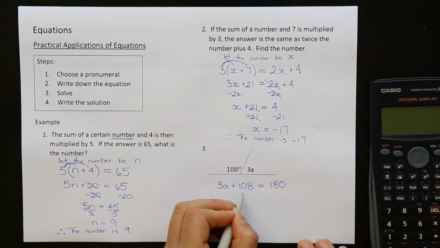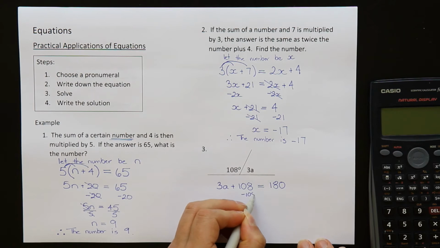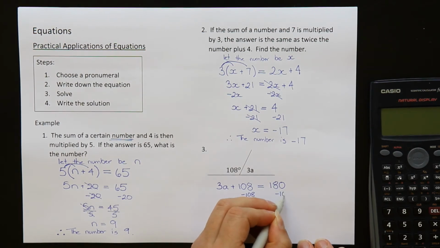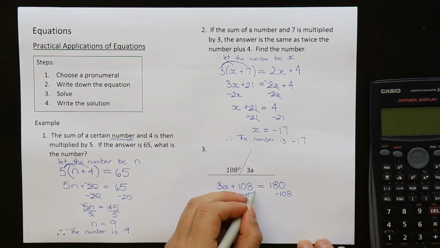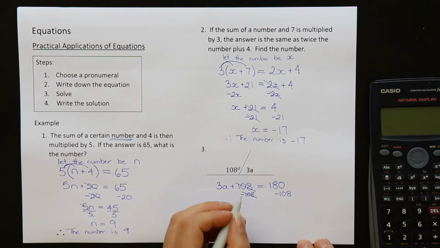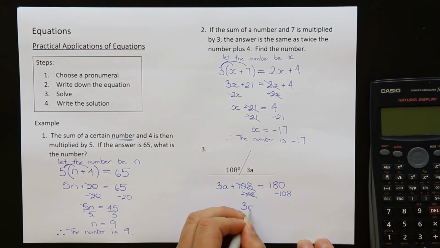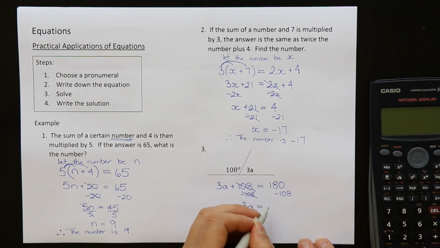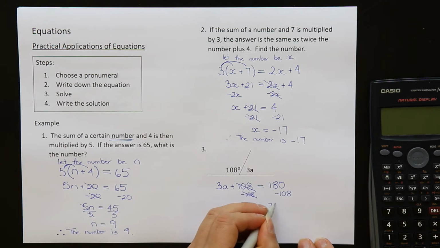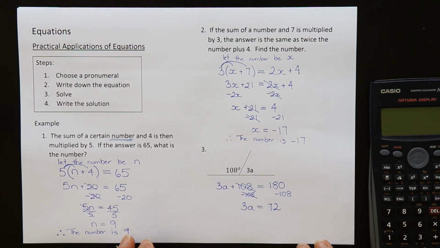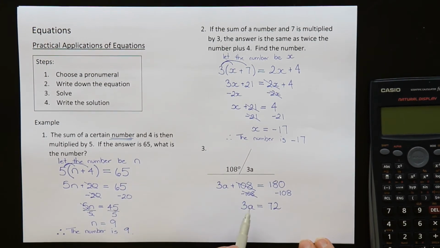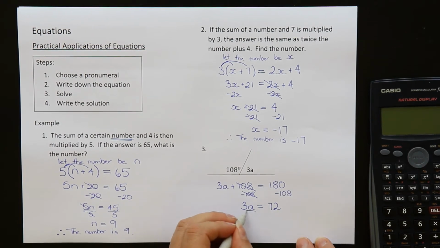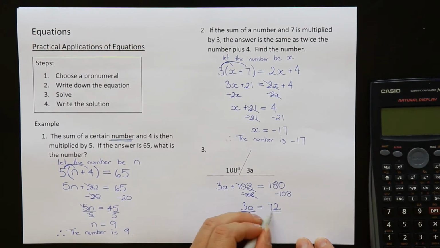So I'll need to subtract 108, to move that. 3a equals 180 minus 108 is 72. And now just get rid of the 3. So I need to divide that by 3.